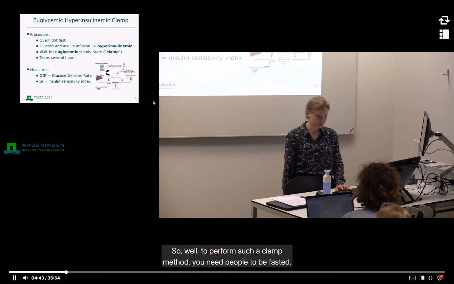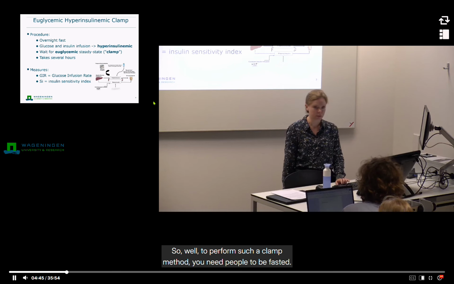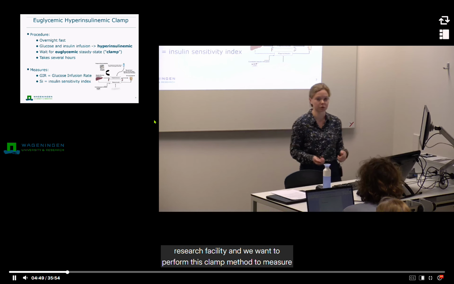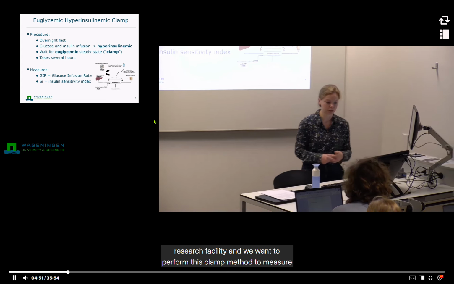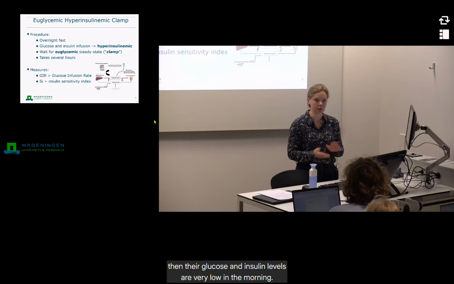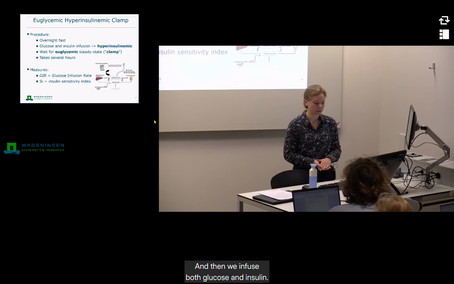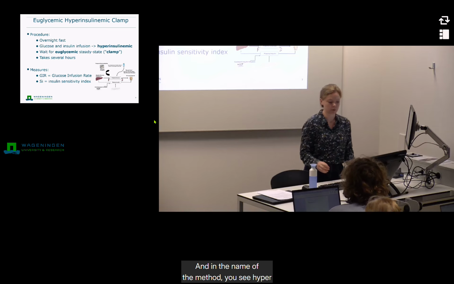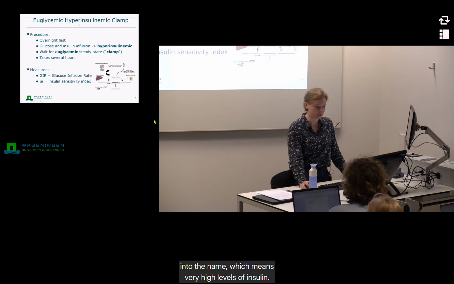To perform such a clamp method, you need people to be fasted. So what we do is when we invite people to our research facility and we want to perform this clamp method to measure their insulin sensitivity, we ask people to fast for a night, because then their glucose and insulin levels are very low in the morning. And then we infuse both glucose and insulin. And in the name of the method, you see hyperinsulinemic, which means very high levels of insulin.